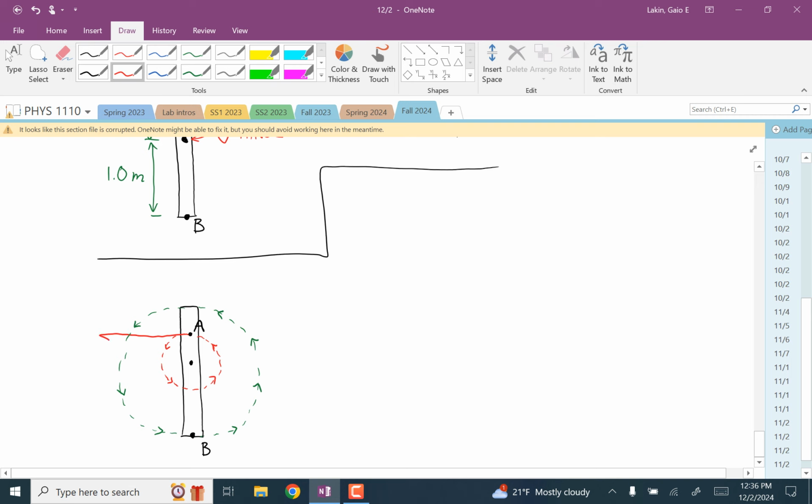So this way, that's the velocity vector at A. And B is going the exact opposite direction because it also is tangent to the path in the direction of motion. In this case, that's like this.